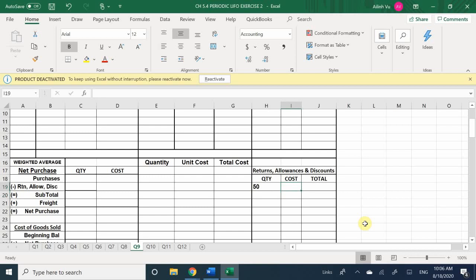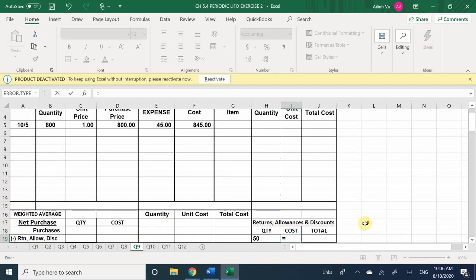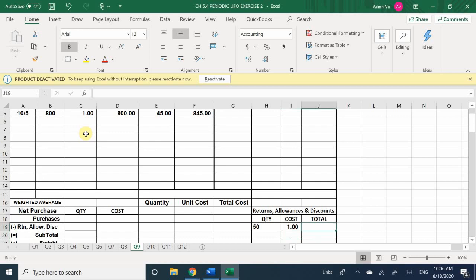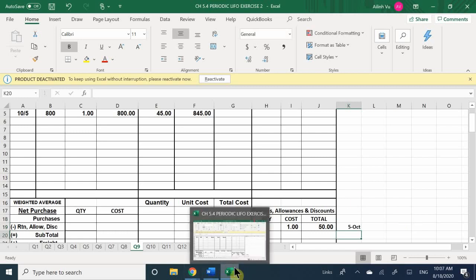Now, what cost am I going to calculate this for? $1. So in this case, we're going to return and get a refund for $50. And I'm going to indicate here this was for the October 5th batch.